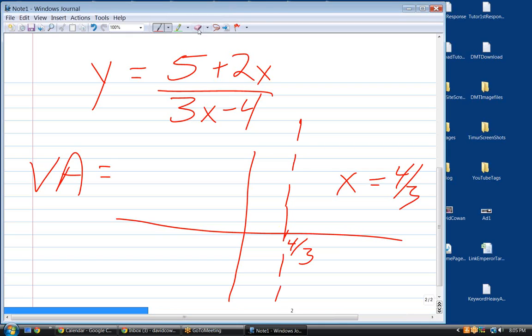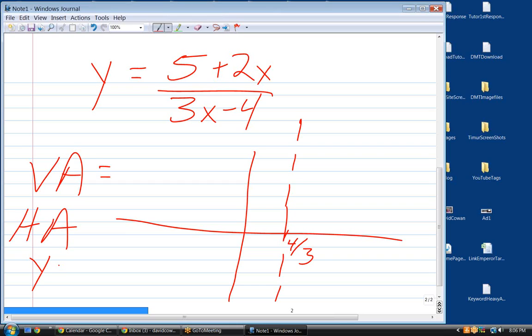Horizontal asymptotes are a little trickier, although in this case, they're not. They're very easy. If the highest degree polynomial in the numerator is the same as the highest degree polynomial in the denominator, then your horizontal asymptote is the ratio of their coefficients.